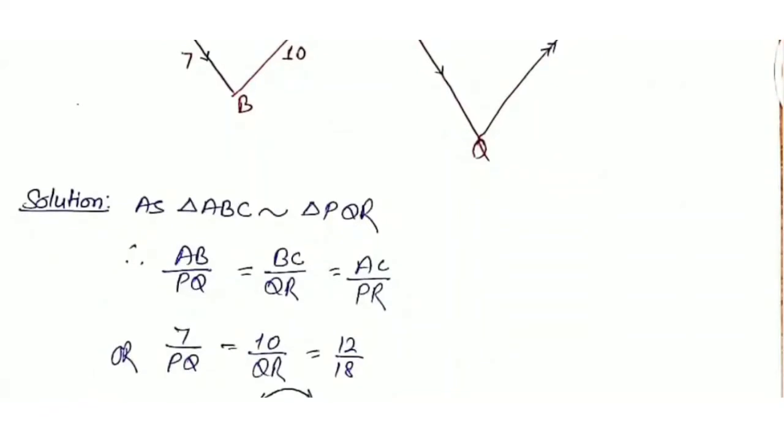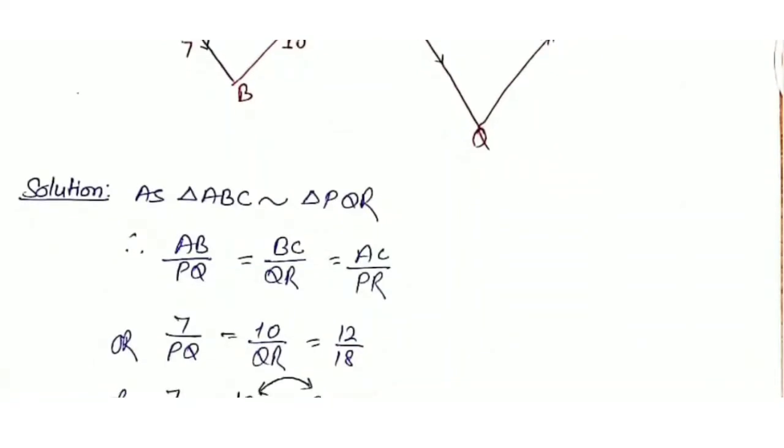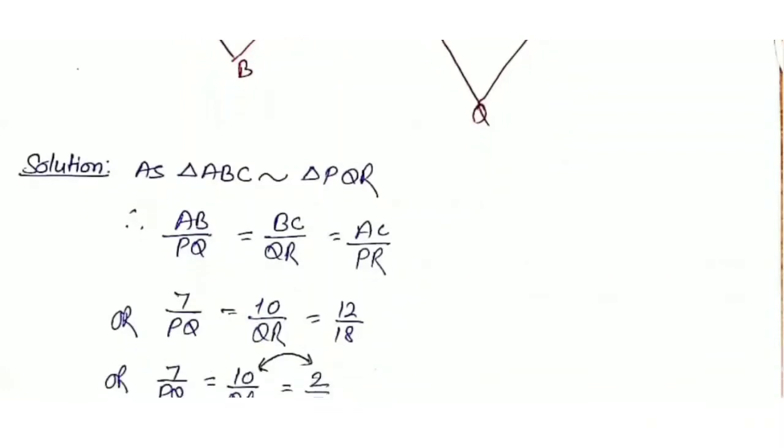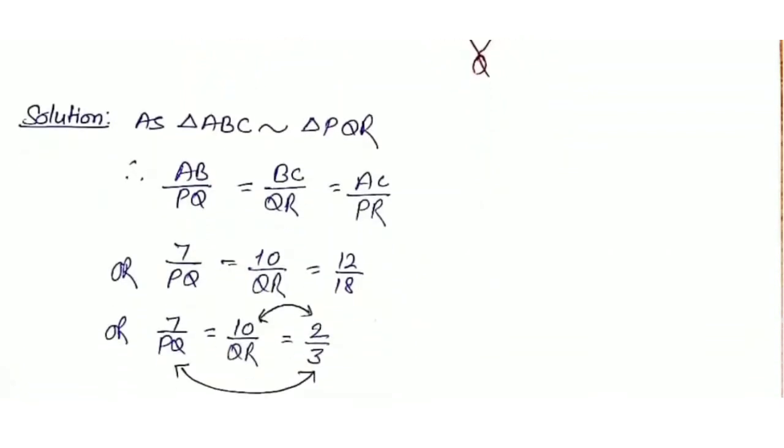Now AB we have as 7, so put the value of AB here, 7 by PQ, and BC as 10 centimeter, so 10 by QR, and AC as 12 and PR as 18. So now you can see 12 by 18 reduces to 2 by 3, since 2 sixes are 12 and 3 sixes are 18. So the HCF is 6.